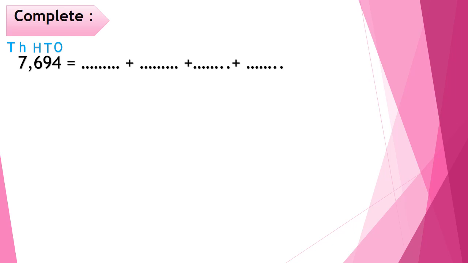Here in the thousands place, we have 7. So, 7 in thousands, its value will be 7,000.